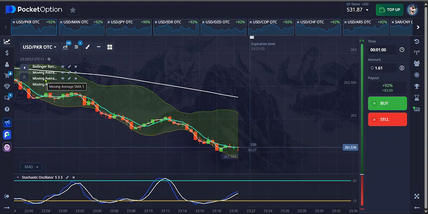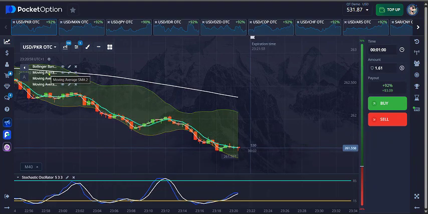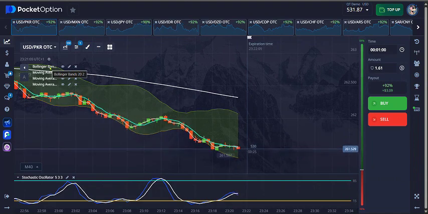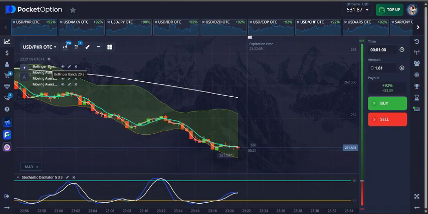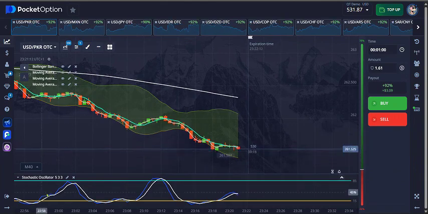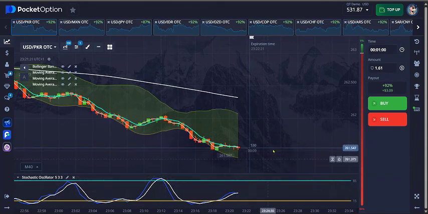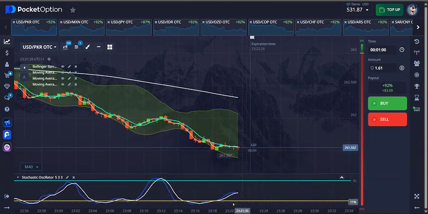So 2, 5, and 100. For our Bollinger Band, you put the period at 20 and the deviation is 2. Then we are using the stochastic oscillator. We are putting our overbought region at 85 and our oversold region at 15.